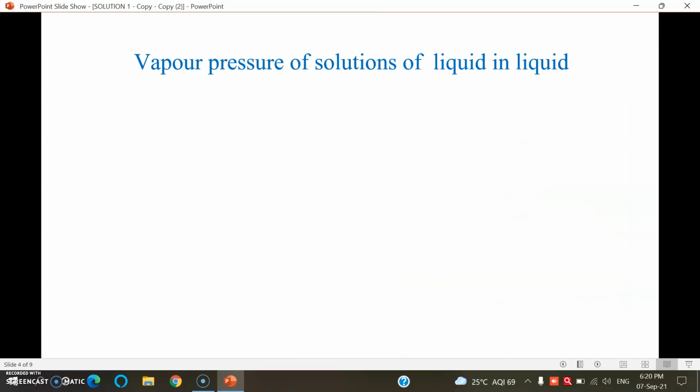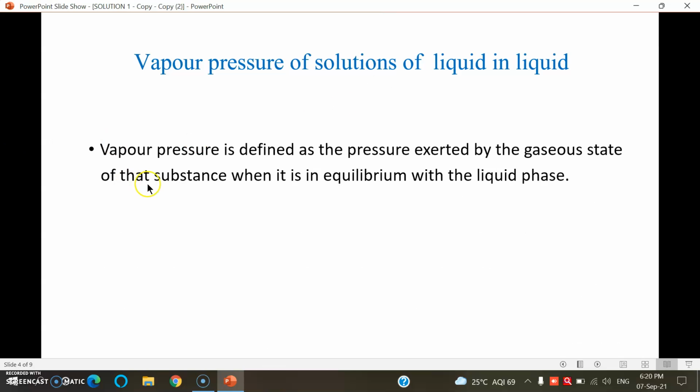Vapor pressure is defined as the pressure exerted by the gaseous state of the substance whenever it is in equilibrium with the liquid phase. I already mentioned that a dynamic equilibrium is established between liquid and gas.